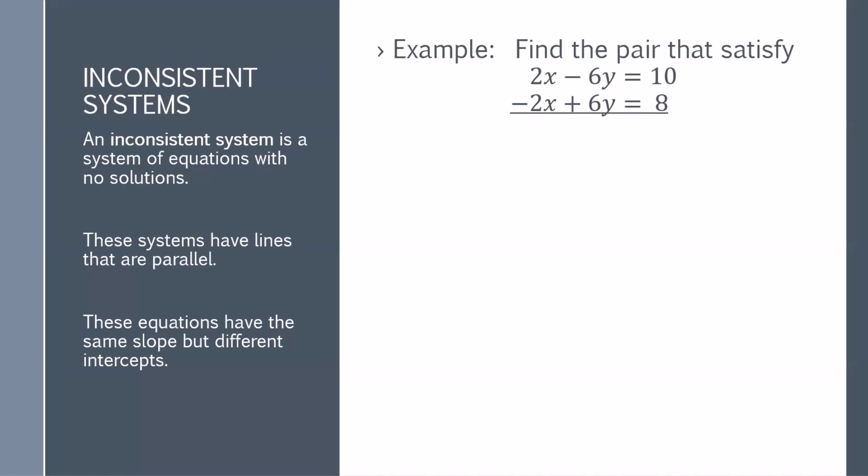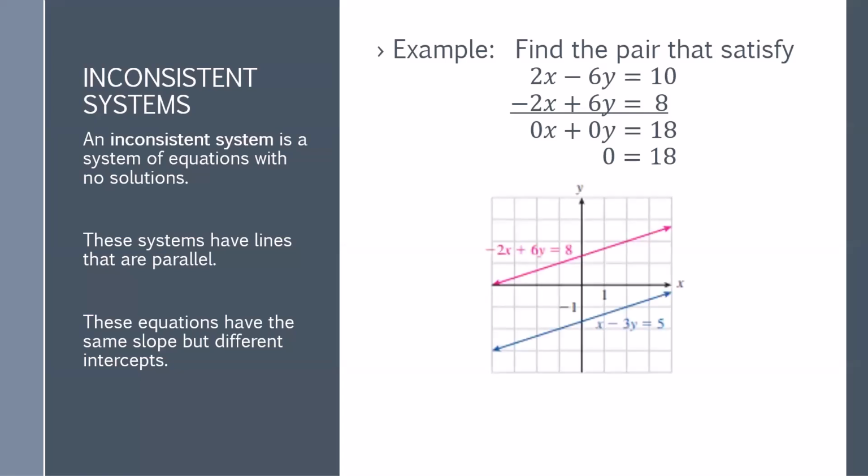We can again see that the coefficients in front of the x are opposites, and so we can simply go ahead and add. If we do that, we get 0x plus 0y equals 18, and so 0 equals 18, which is clearly not true. Because we've got a statement here that's clearly untrue, we have no solutions to this system of equations. In fact, if we graph this out, you can see that these two lines, the pink and the blue, are parallel.